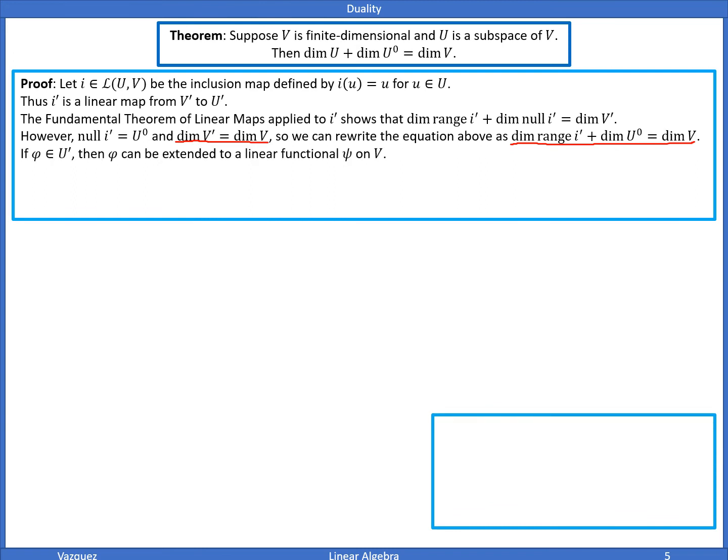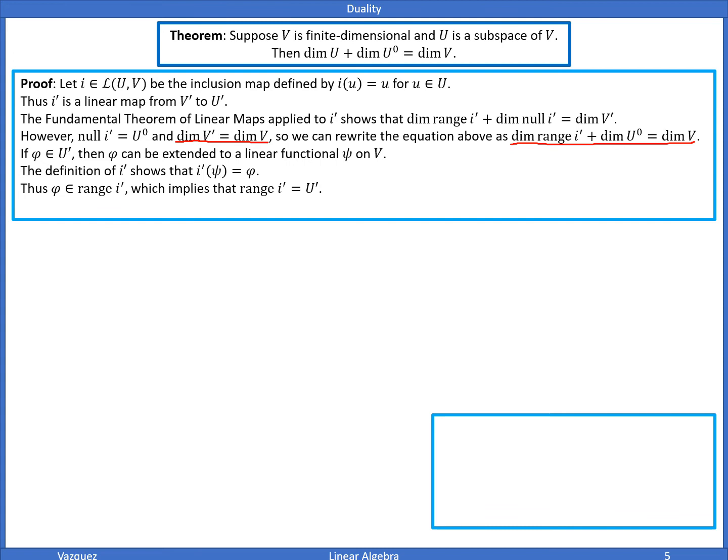Now, if phi is in U prime, right, so it's a linear functional, it can be extended to a linear functional psi on V such that the dual map I prime of psi is equal to phi. Therefore, phi is in the range of I prime, which implies what?